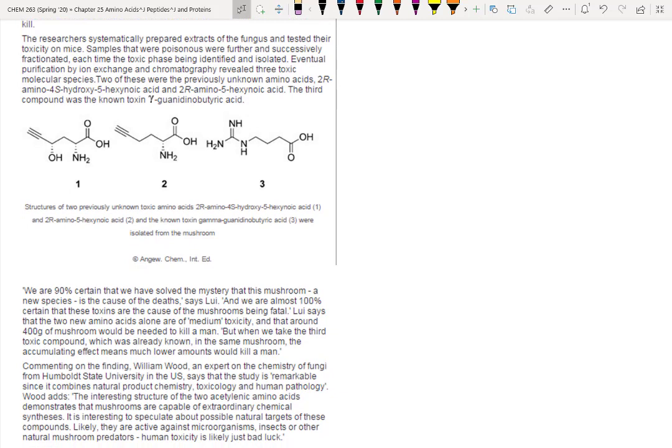And what they found out was that some fungi can actually make D amino acids, which are really, really bad for you. Your body doesn't know what to do with them, and it kind of mucks up your entire system. So it's better to avoid them. The D amino acids tend to be quite toxic, and they're found in a handful of plants and fungi.